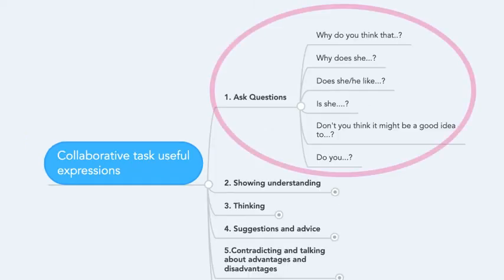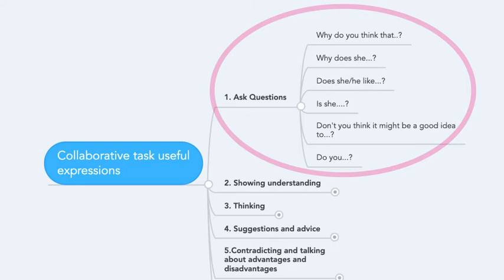To ask questions, here are examples of good questions to start off. Why do you think that? Because it's normally an opinion. Or why do you think that this is not a good idea? If they think something is not a good idea. If they're going to talk about a third person they know, this could be a sister, a brother, a friend, their wife, their niece, their nephew.